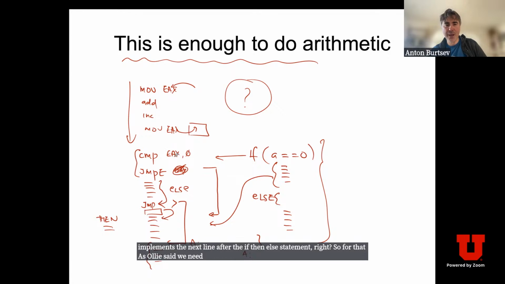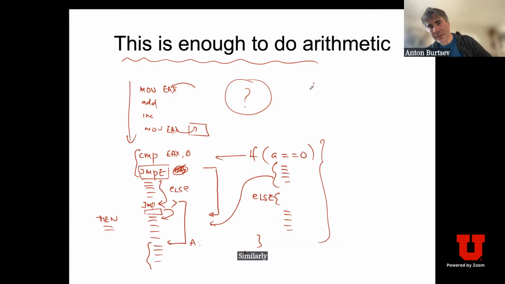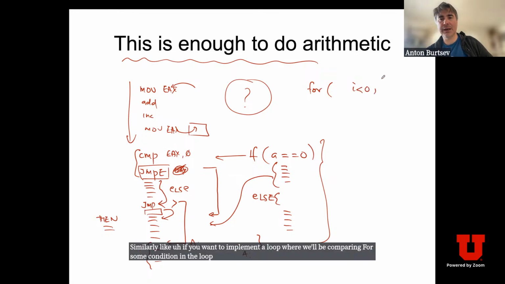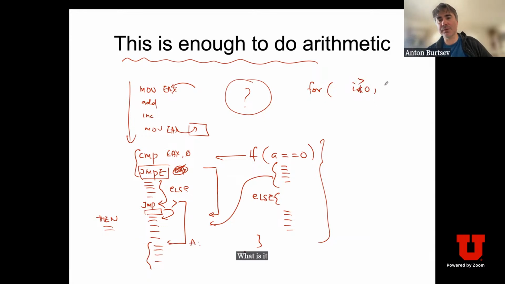You want to compare and you want to jump conditionally, right? Similarly, if I want to implement a loop, we will be comparing for some condition in a loop, right? I is greater than 0, for example.